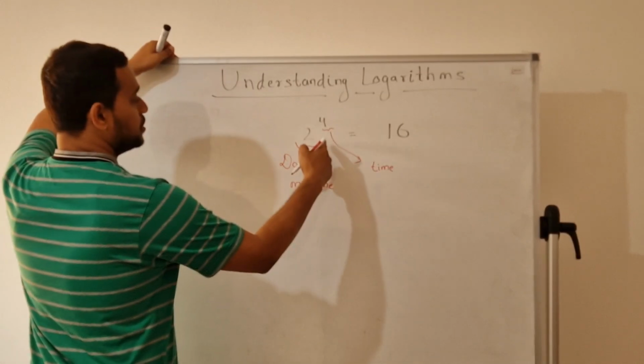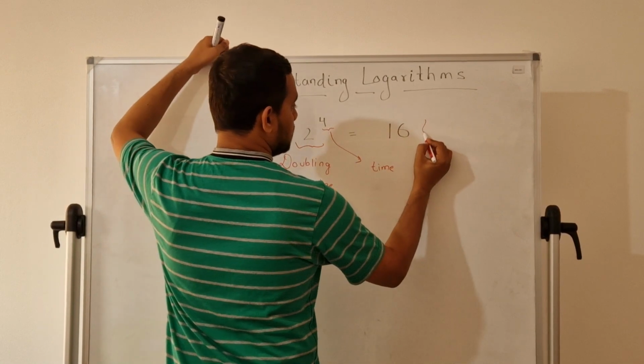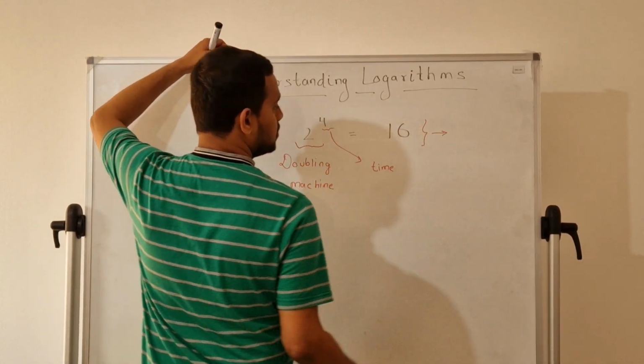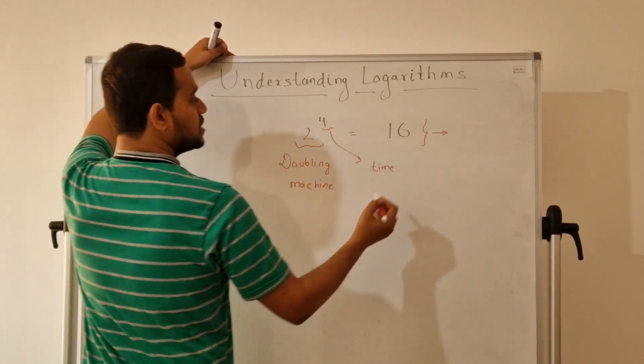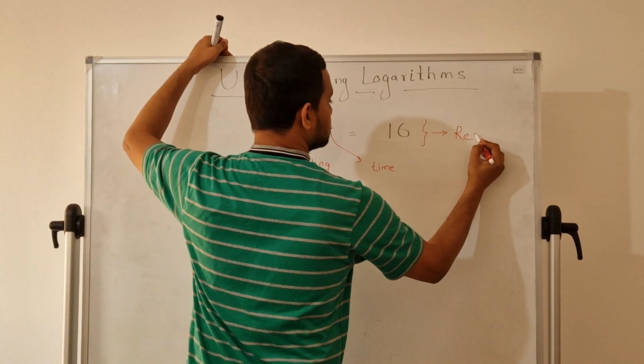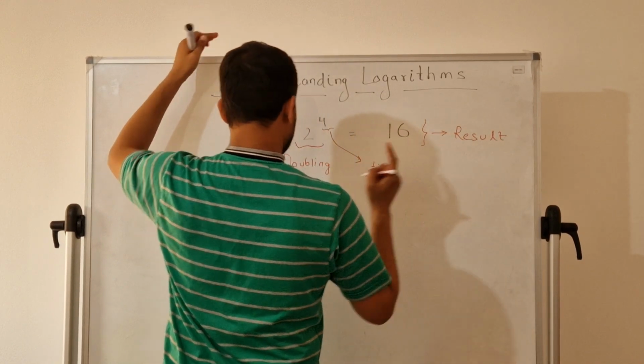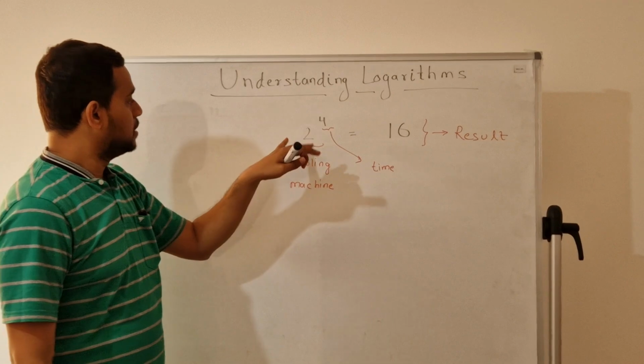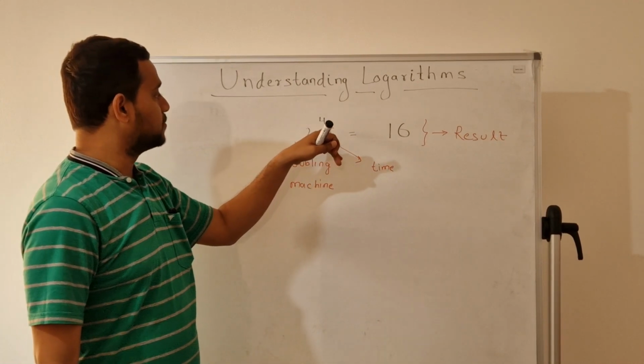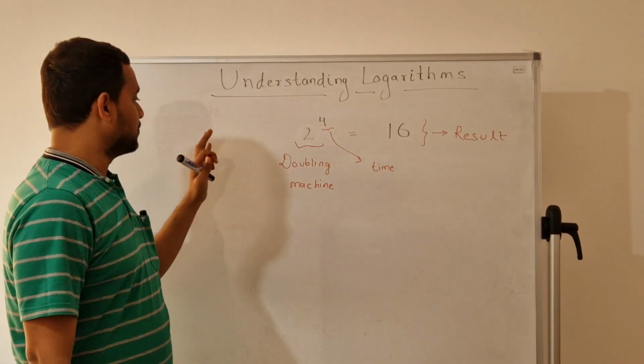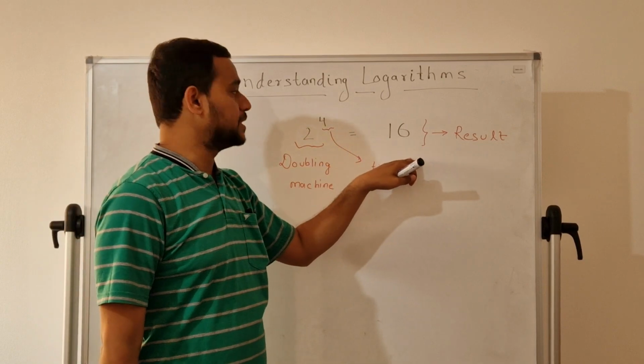How many times were you doubling it? And this is the result, the final outcome. So, in a way, if you are doubling and you double it 4 times, then whatever you had becomes 16 times.